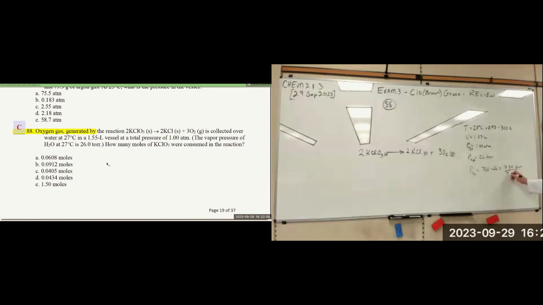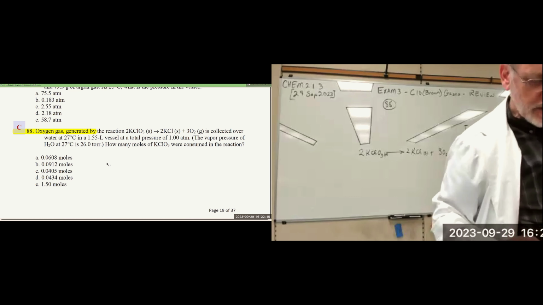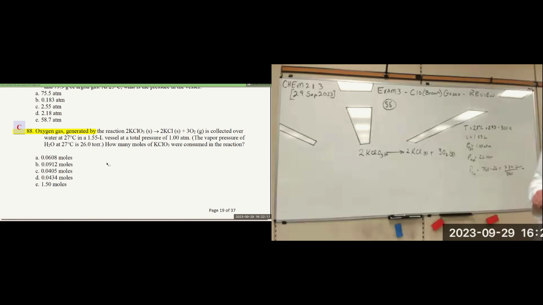So this divided by 760 would be atmospheres again. 734 over 760 is 0.9658 atmospheres.